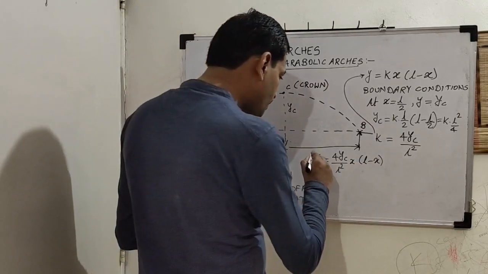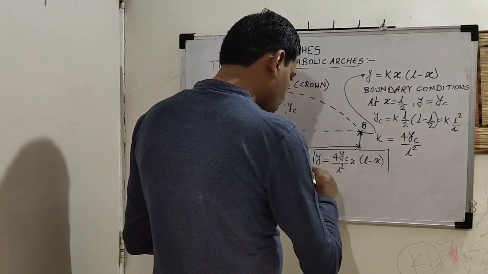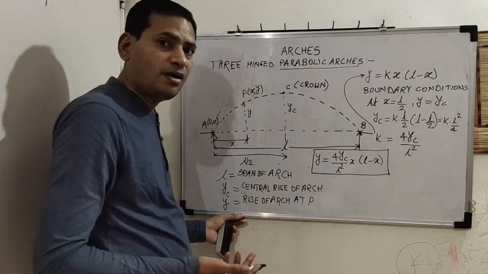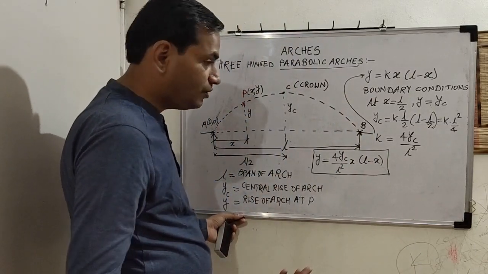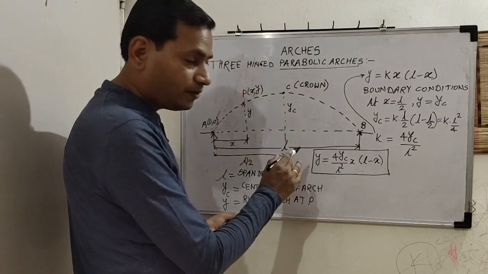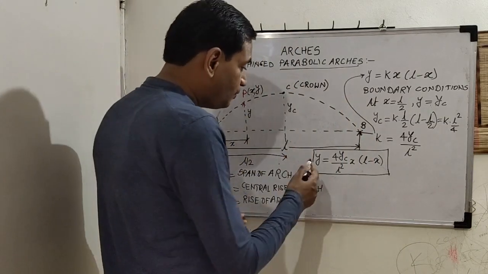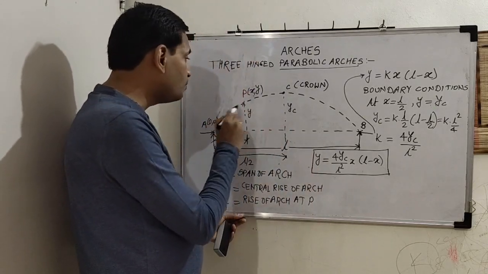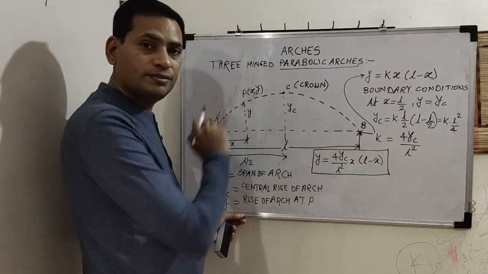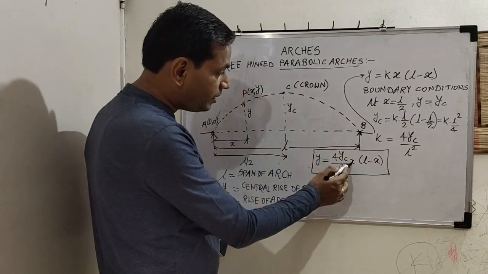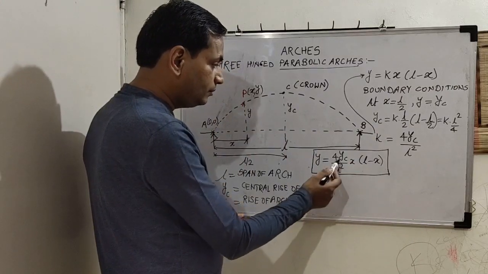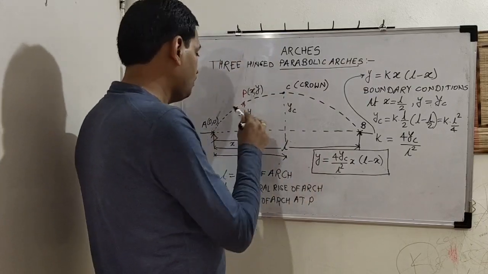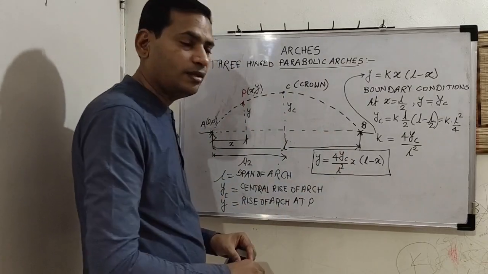So you always remember this equation throughout for three-hinged parabolic arch as well as semicircular arch, okay, or even circular arches. So this equation is important, which will give us y value at each point on the arches. You just substitute x, span and central rise, that's it. You will get y ordinate for each and every point, okay.